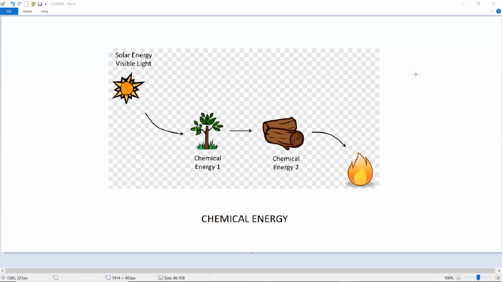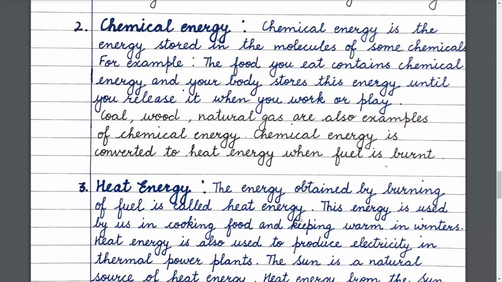Now children, let us discuss the chemical energy. Chemical energy is the energy stored in the molecules of some chemicals. For example, the food you eat contains chemical energy, and your body stores this energy until you release it when you work or play.